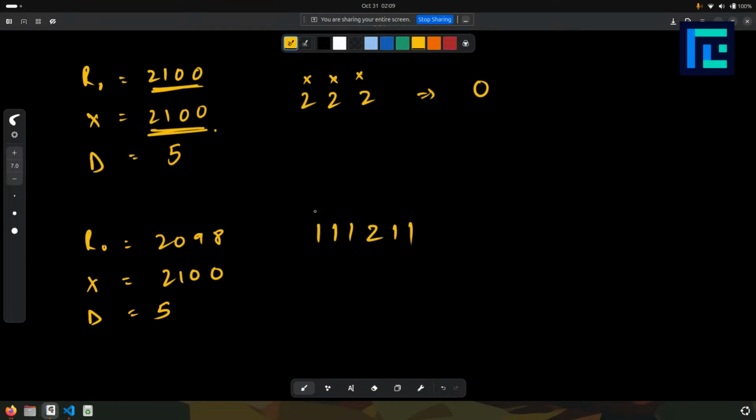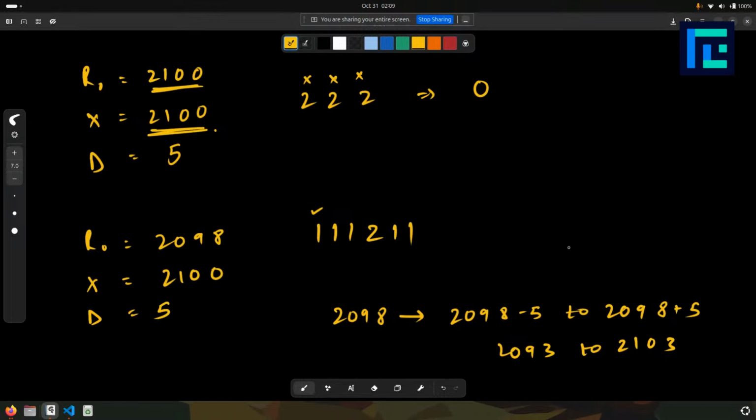So basically we can participate in the first contest. Since it is div 1, it would be rated for all. So after the first contest, we can choose any rating from 2098 minus 5 to 2098 plus 5, so from 2093 to 2103.